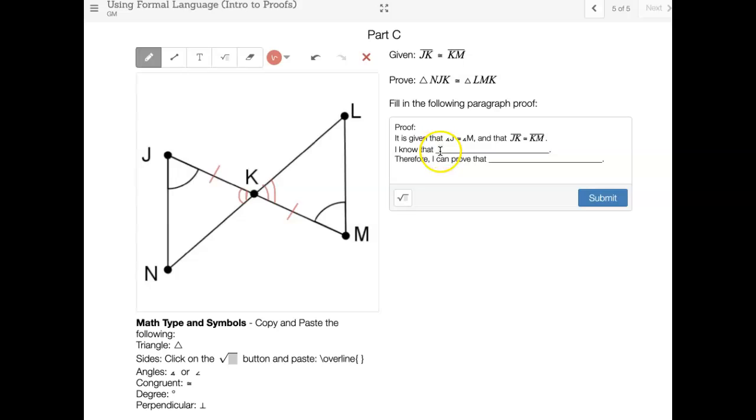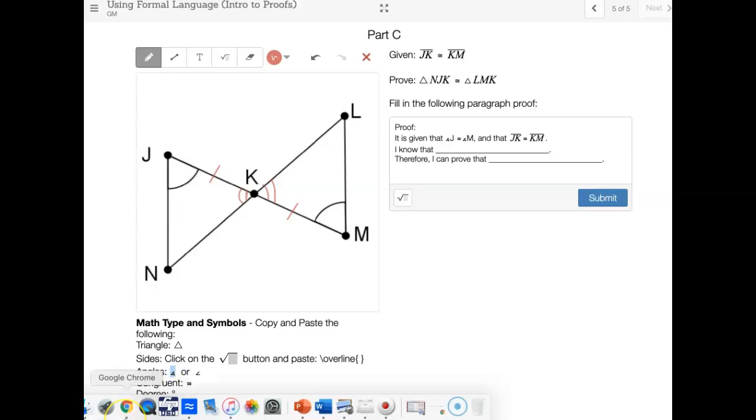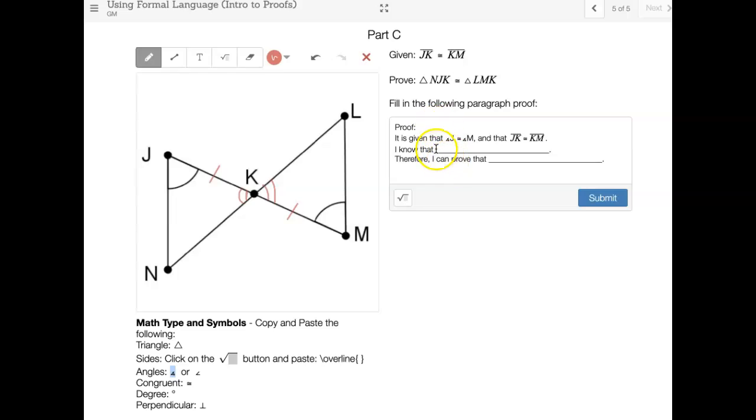Let me get the angle symbol again and copy it. I know that angle JKN is congruent to angle MKL. Now let me get my congruent symbol.